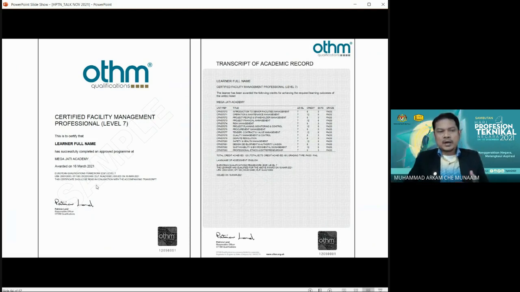I can say that we are a little bit higher than the other agencies that I mentioned before. The CIDB program is a little higher in that sense, where we can also get our own certificate from this OTHM qualification, United Kingdom, and that program is recognized under the European Qualification Framework.